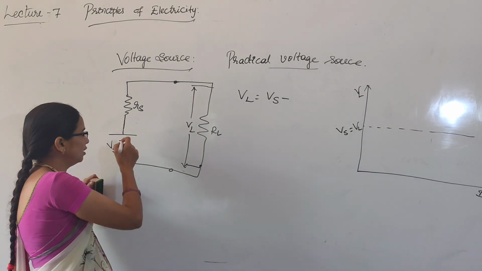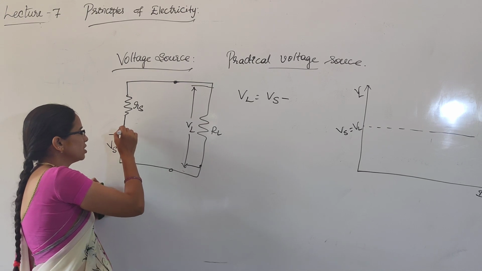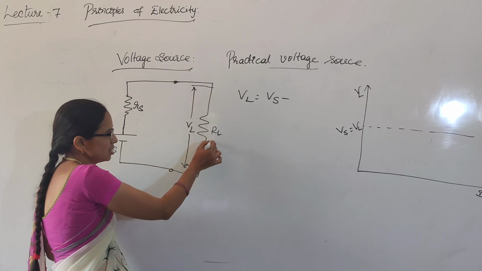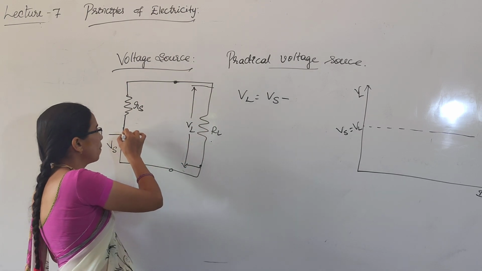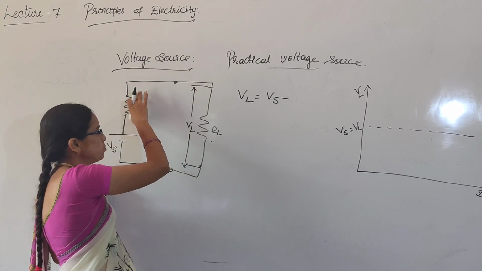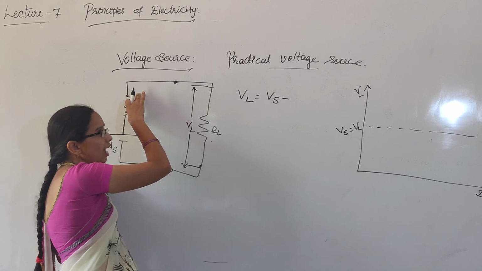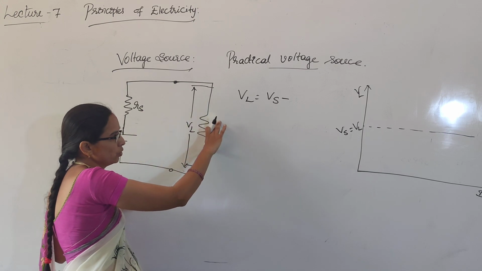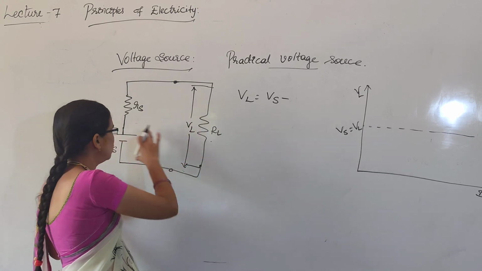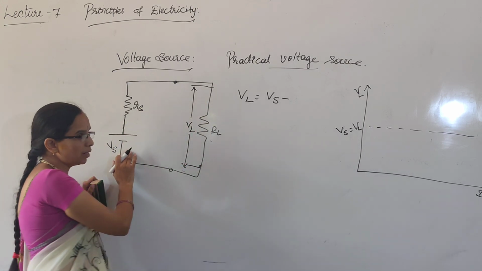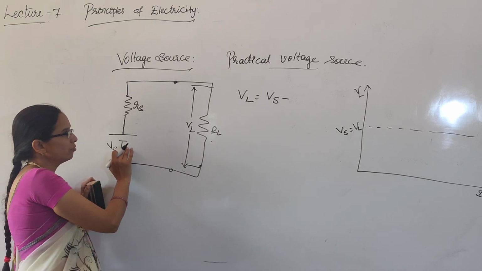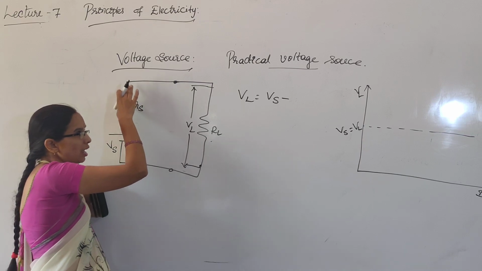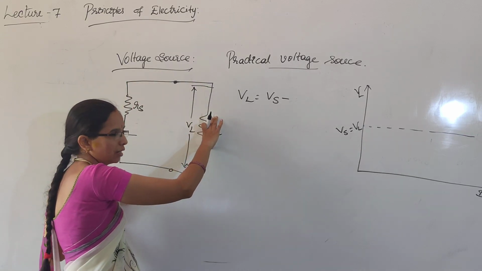So this voltage is connected in series with this internal resistance as well as the load resistance. Some voltage drops across the internal resistance, and the remaining voltage only drops across RL.